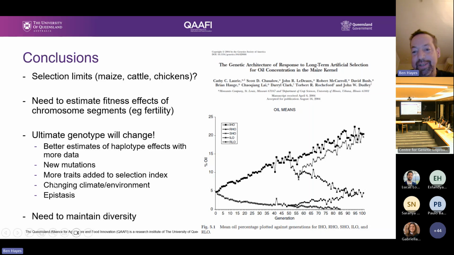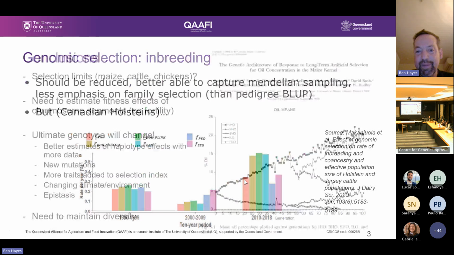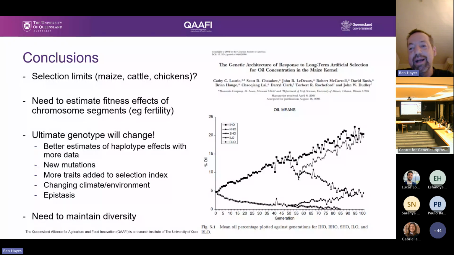So part of this response that you see in this graph, on the slide, is due to new mutations. We're going to have more traits over time, like methane has become important in the past few years. And there's also changing environment, heat stress, for example, more disease challenges.